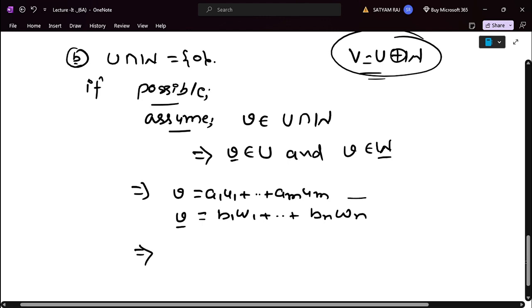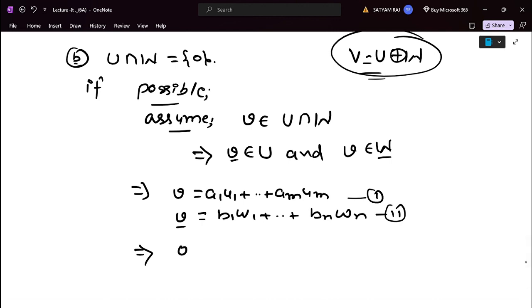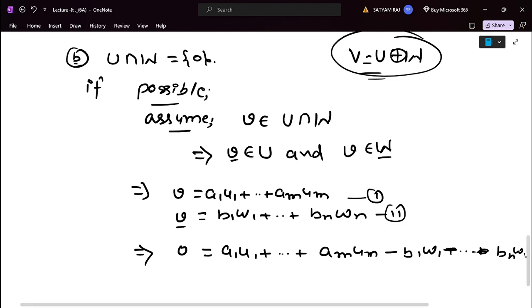If we subtract equation 2 from 1, we get the zero vector, v minus v equals 0, and what we get here is a1 u1 plus dot dot am um minus b1 w1 minus dot dot minus bn wn.